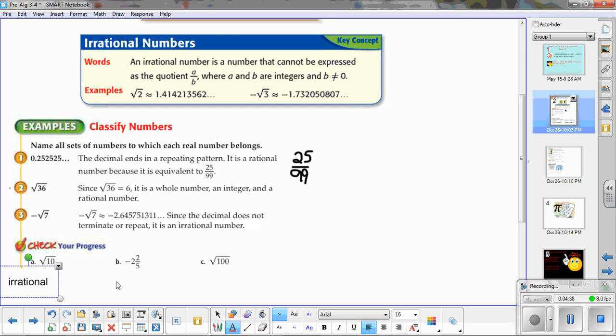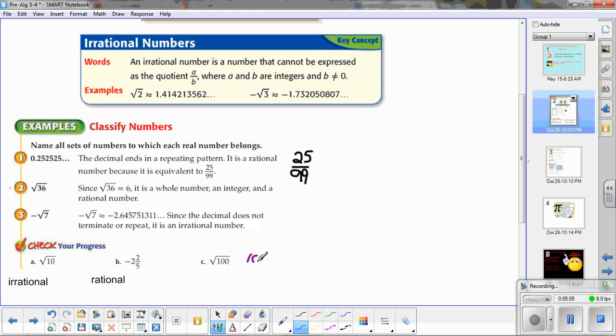-2 2/5. Obviously, that one can be written as a fraction, so it is going to be rational. But it isn't any of the special types of rational numbers, such as whole numbers or integers, so we just stop right there. Square root of 100 is 10, and 10 is rational because I can write it as a fraction.